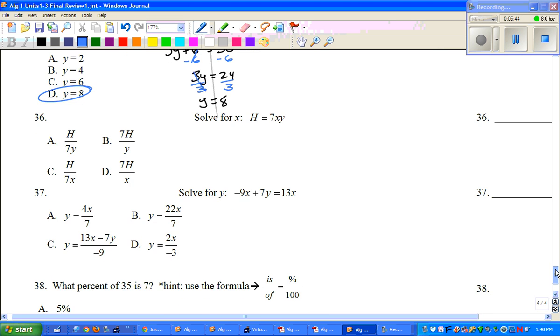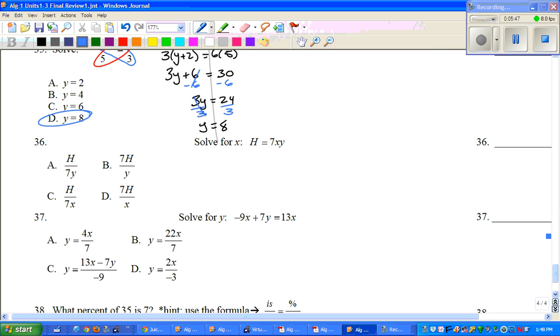Okay. For number 36, you might get a little scared because it's got all letters. But we have to solve for x, which is right there. All of that is multiplication. So to get rid of multiplication, we need to divide. So I want to get rid of the 7 and get rid of the y.